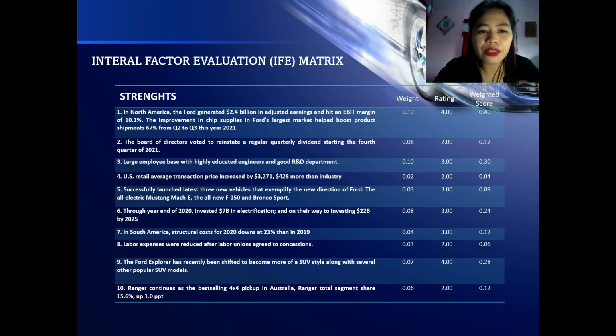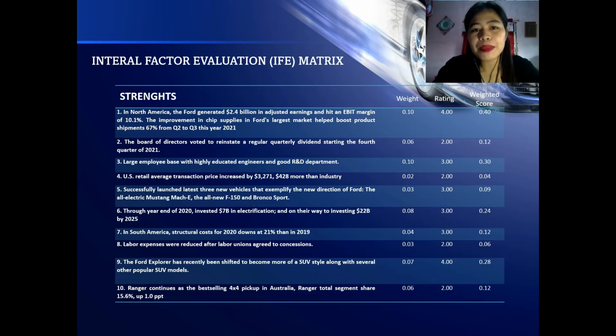First is number 1: the improvement in chip supplies in Ford's largest market helped boost product shipments 67% from quarter 2 to quarter 3 this year. So 67% is not really a large amount because it's just from the second quarter to the third quarter this year.